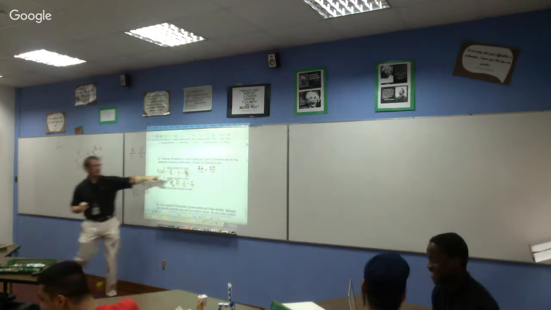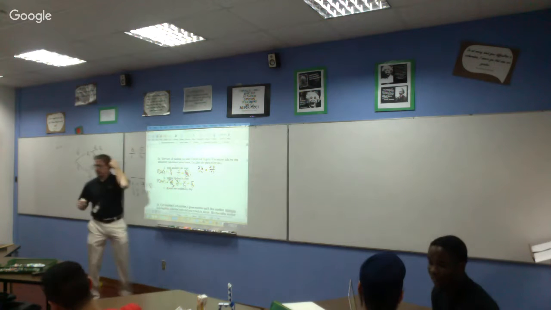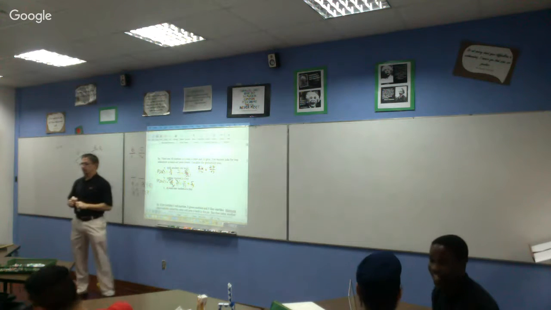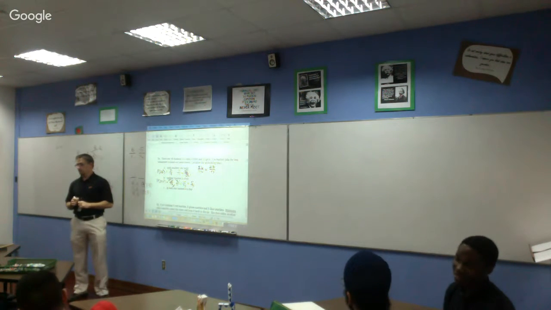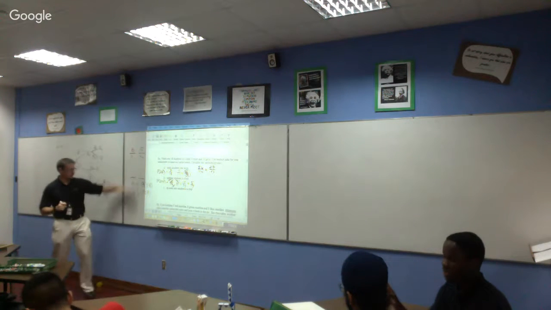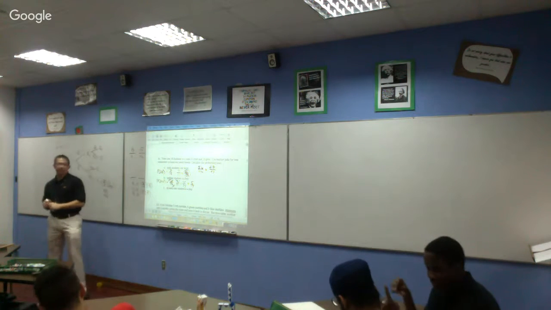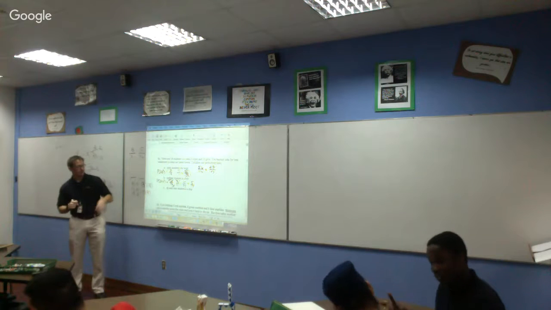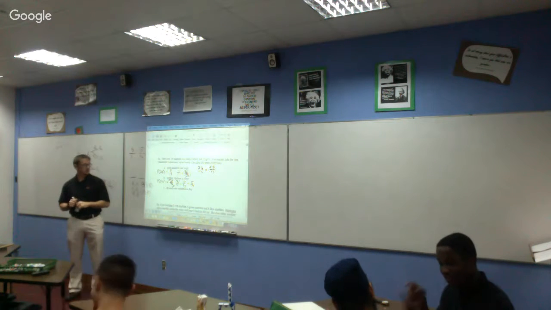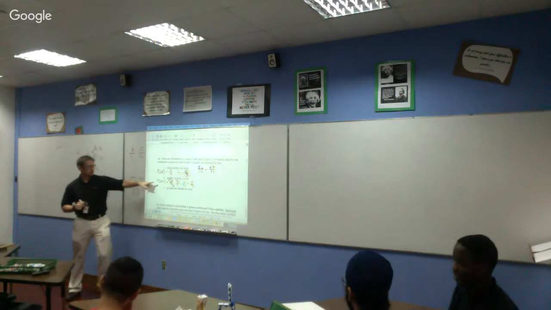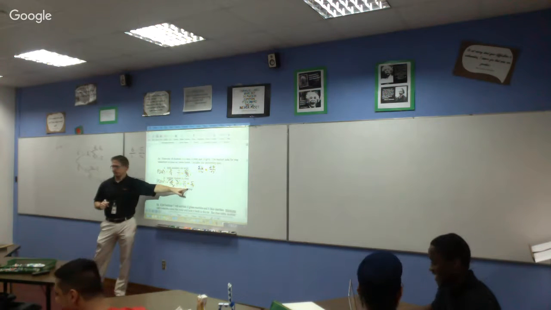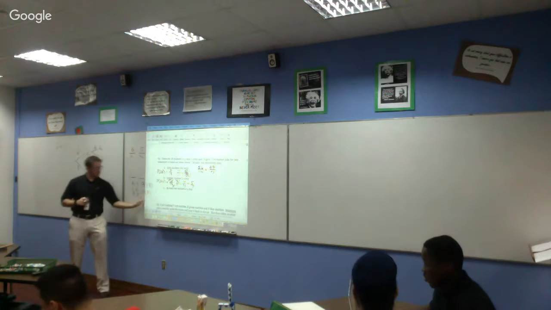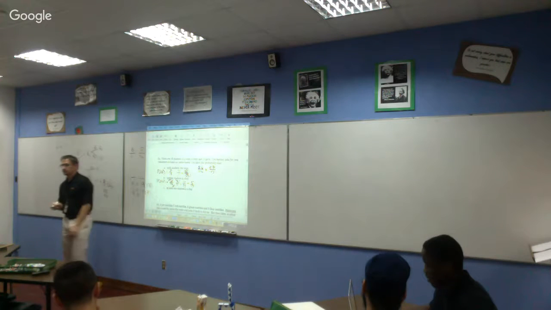We already found that, so we did 28 out of 153. What do we do with that 28 out of 153? What would we do with these probabilities? Add it. So we take the 28 out of 153 and add it to, do we want to add it to 5 out of 17? No, we want to add it to whatever this one is.